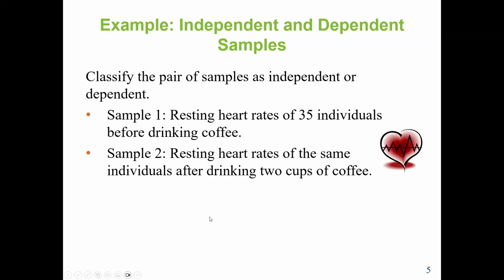The first example is given as the resting heart rate of 35 individuals before drinking coffee. And the second sample is the resting heart rate of the same individuals after drinking 2 cups of coffee.